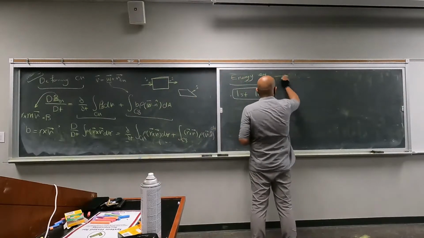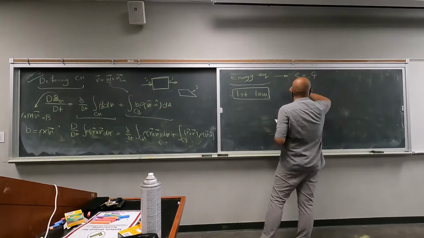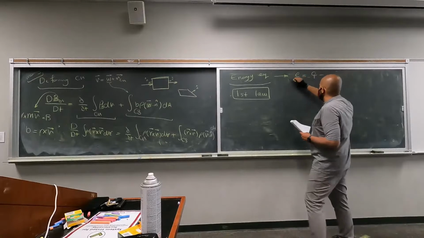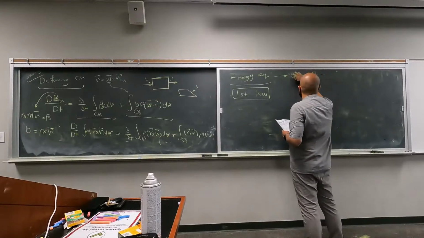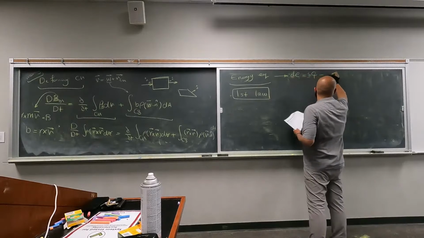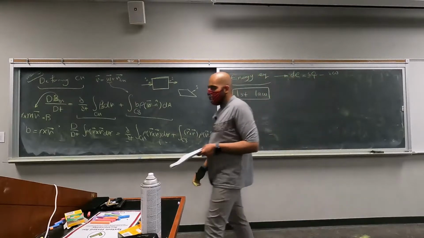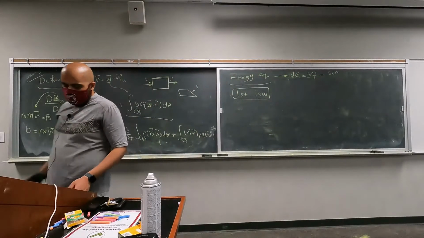That's all right. So the change in energy of the system is equal to the change in the heat input into the system minus the work done by the system. That was the idea.